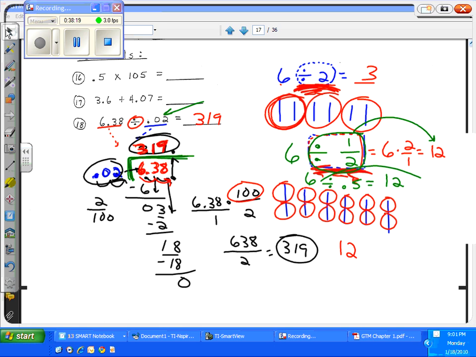That 100 is that decimal shift, and that divide by 2 is what we did after we shifted the decimal. So every trick we learn is based on some logical mathematics as we think about fractions in relationship to decimals, or as we think about the basic concept of division, which is creating sets of 2 or sets of 1/2. Okay?